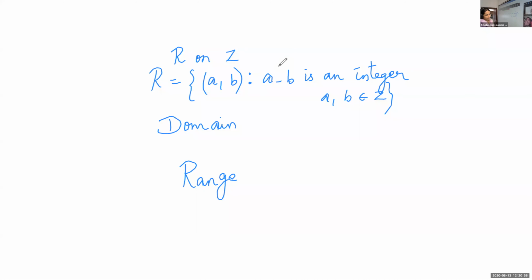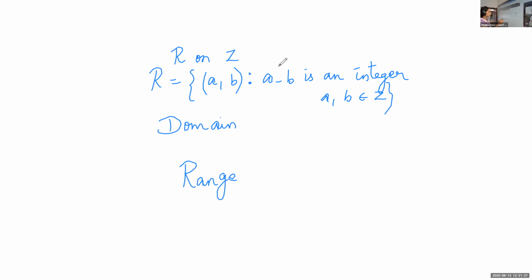What will you get? An integer. We have learned in lower classes that subtraction is closed in integers. When we take 2 integers and subtract, we get an integer.